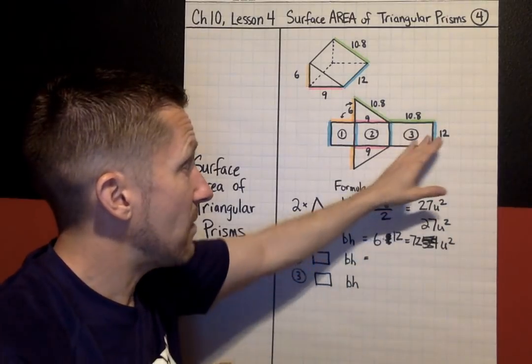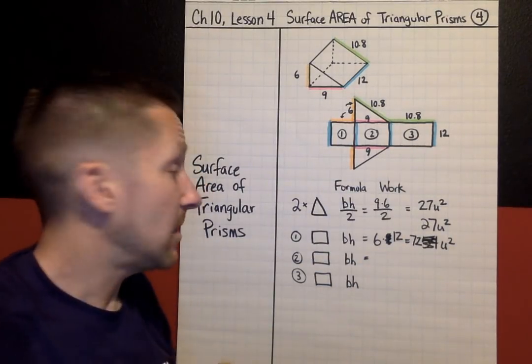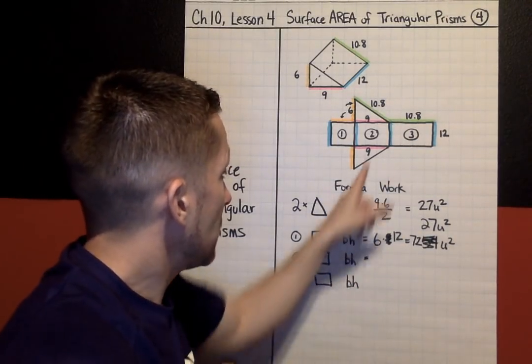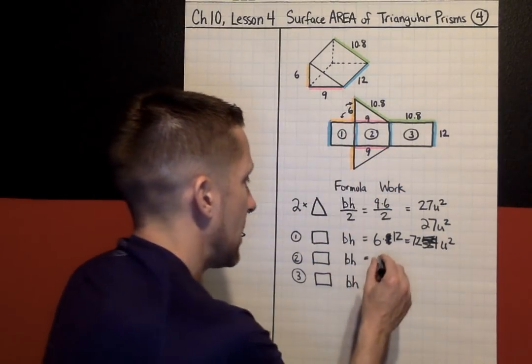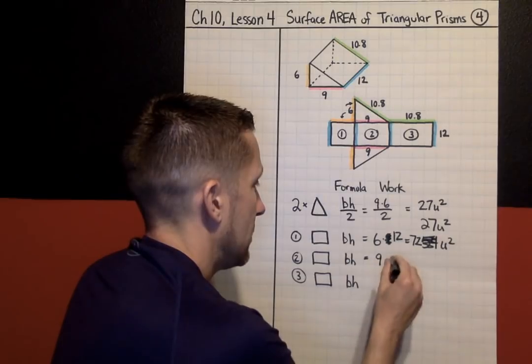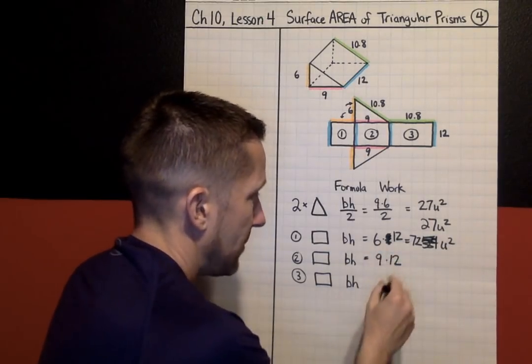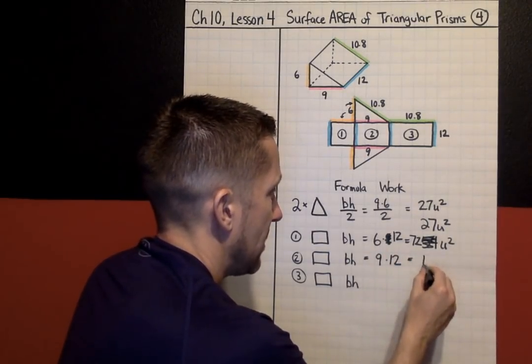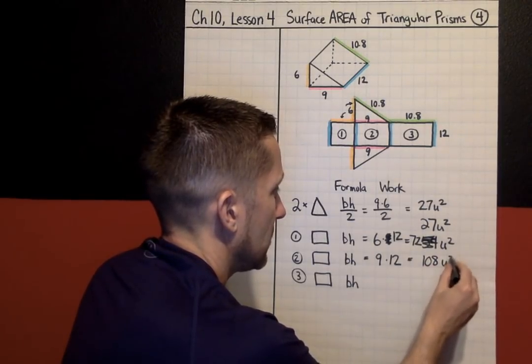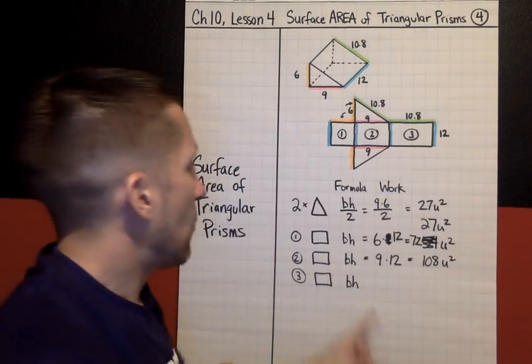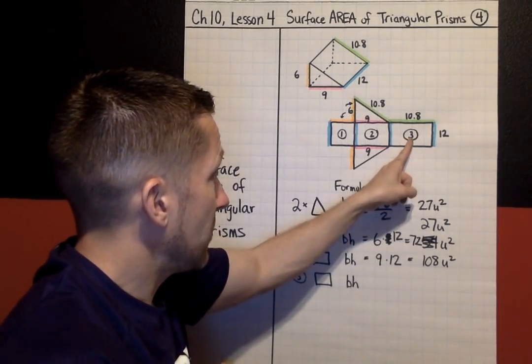We're always going by how it's labeled, not the looks. So this rectangle, this is a 9, this is a 12. Base times height, 9 times 12. Type that into your calculator, you're going to get 108 units squared.